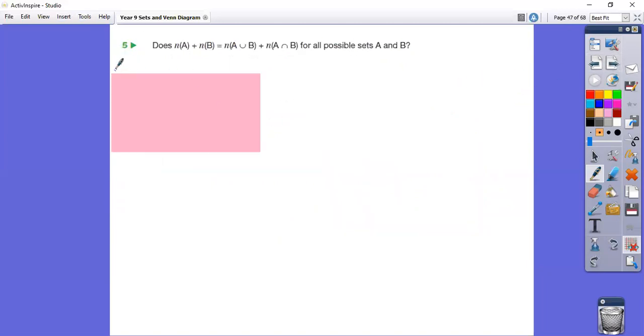Next question, question 5. Does the number of elements in set A plus the number of elements in set B equal the number of elements of A union B plus the number of elements of A intersect B, for all possible sets A and B?